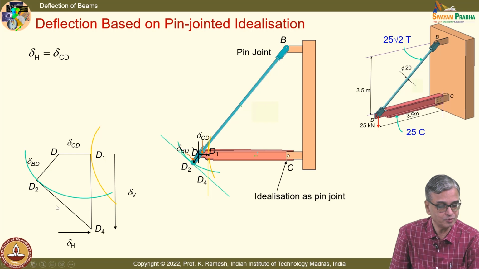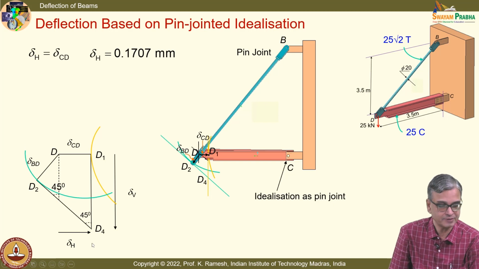And you are given certain quantities, that this angle is 45 degrees, so you should use it. So from this diagram, I can find out this vertical deflection. It has a component of this distance plus this distance. Because it is 45 degrees, this distance is same as delta CD.